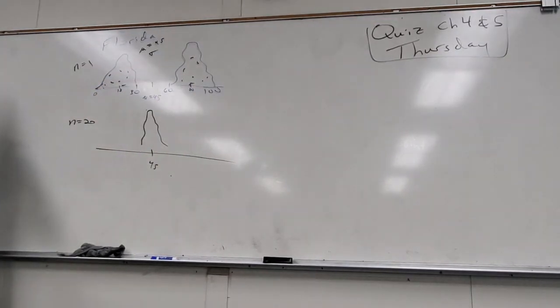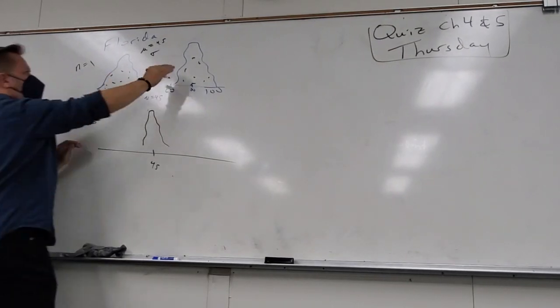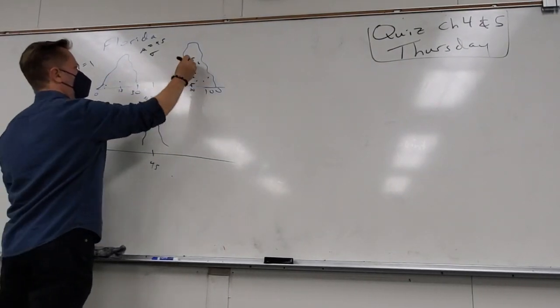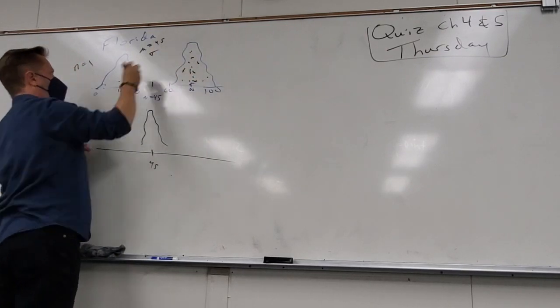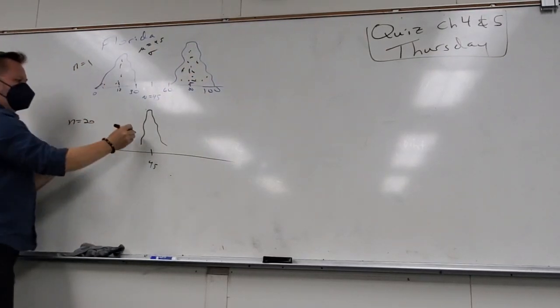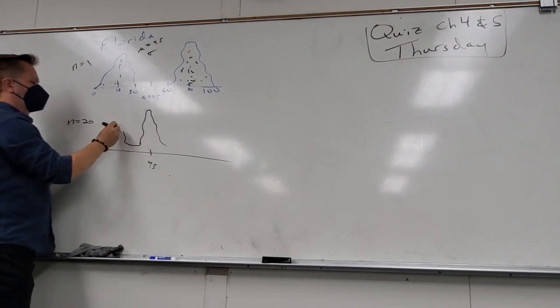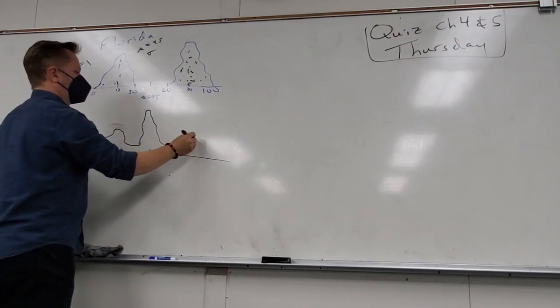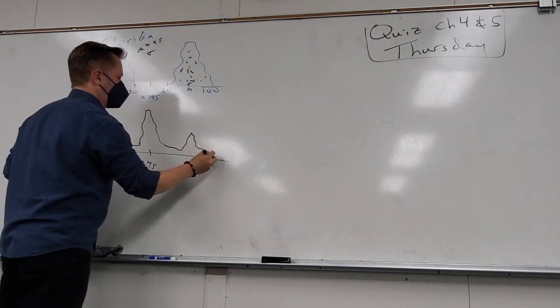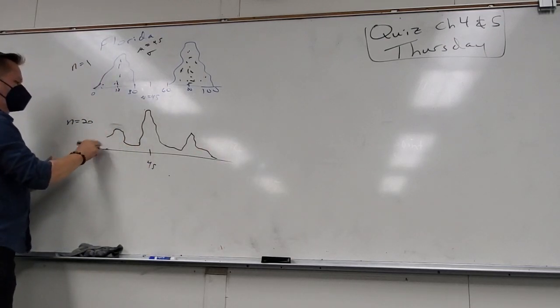The next likely thing would be a bunch of people from here or a bunch of people from here. So there should probably be a little bump at 18, maybe not that big, and a little bump at 80. And then it probably falls off pretty quickly.